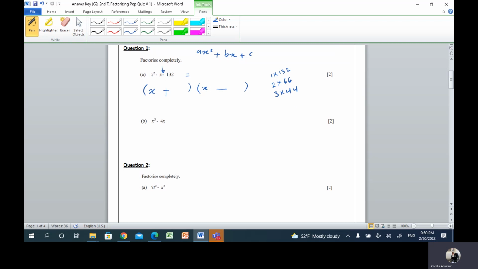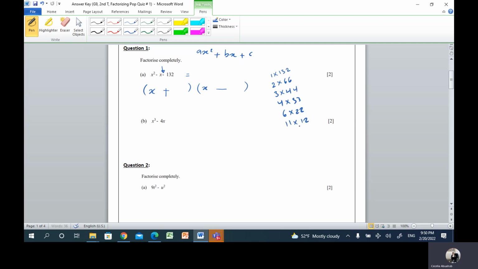Then 132 divided by 4, it will be 4 times 33, and then 132 divided by 5, it's not divisible. 132 divided by 6, so it's 6 times 22, and then 132 divided by 7, it's not divisible. 132 divided by 8, not divisible. 132 divided by 9, not divisible. 132 divided by 10, not divisible. 132 divided by 11, it's 12. So 11 times 12.